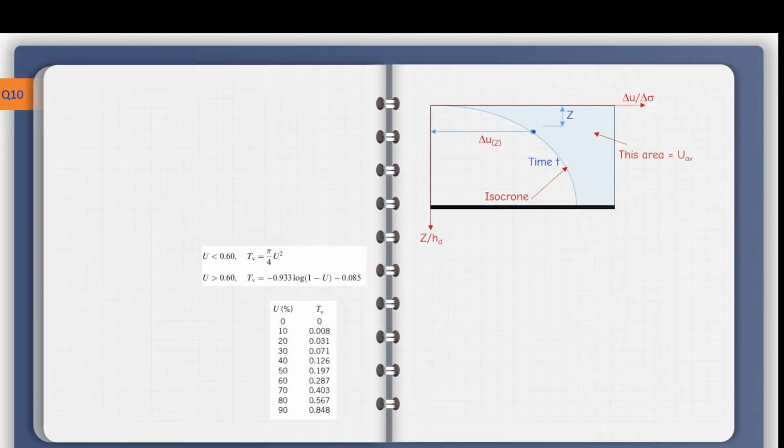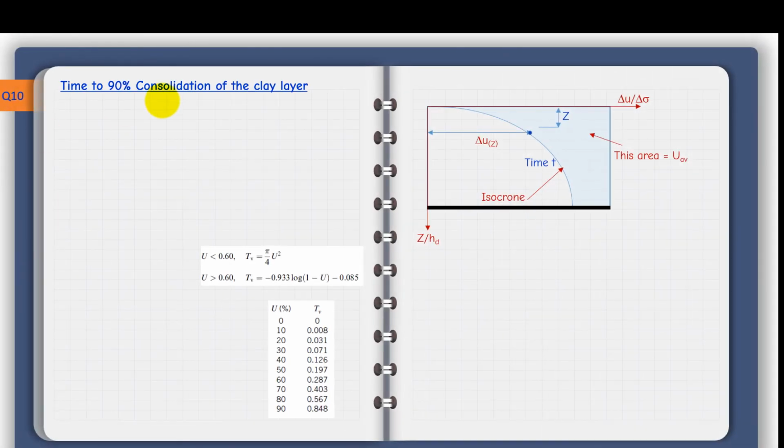Last bit of this interesting question is the time to 90% consolidation for the whole clay layer. Like I said, when you draw the pore water pressure here, this line here, we call it the isochrone. At any time, all these points located on this curve basically have the same excess pore water pressure.